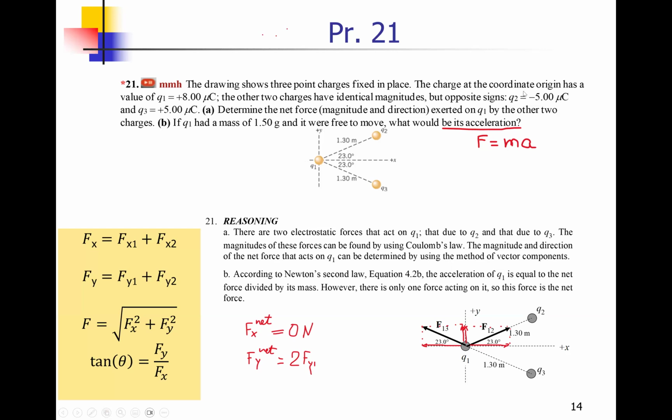The charge at the coordinate origin has a value of Q1, which is 8 microcoulombs, and the other two charges have identical magnitude but opposite signs. Q2 is -5 microcoulombs, and Q3 is +5 microcoulombs.